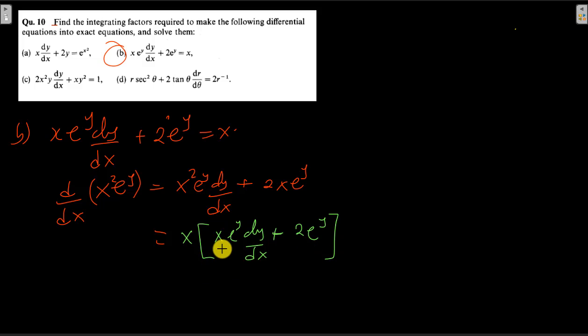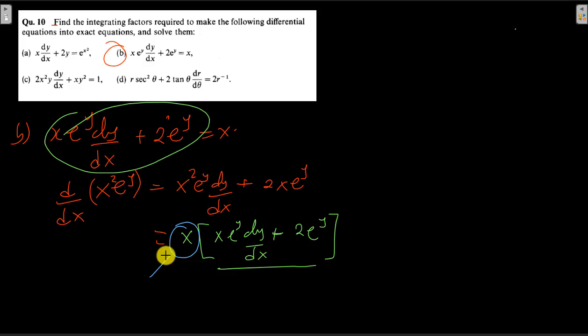So there we go. That's going to be our differential equation. And you notice that this is what we have here. So this is what we have here. That means our integrating factor is actually x. So x is our integrating factor.